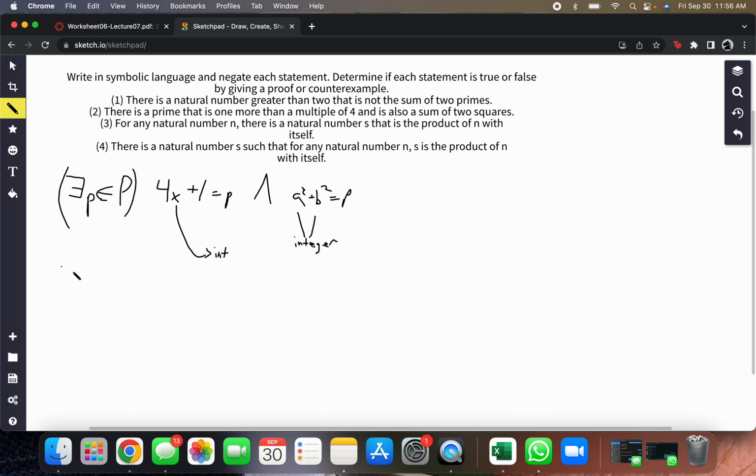Okay, so here's how we're actually going to write this. So there's a prime in the set of P. And now what I want to do, like if any of you code in Java, you tend to declare all your variables at the beginning before you use them. So we could just say, and here we're saying there exists, because it's not like x just has to be one number. It doesn't have to be every number.